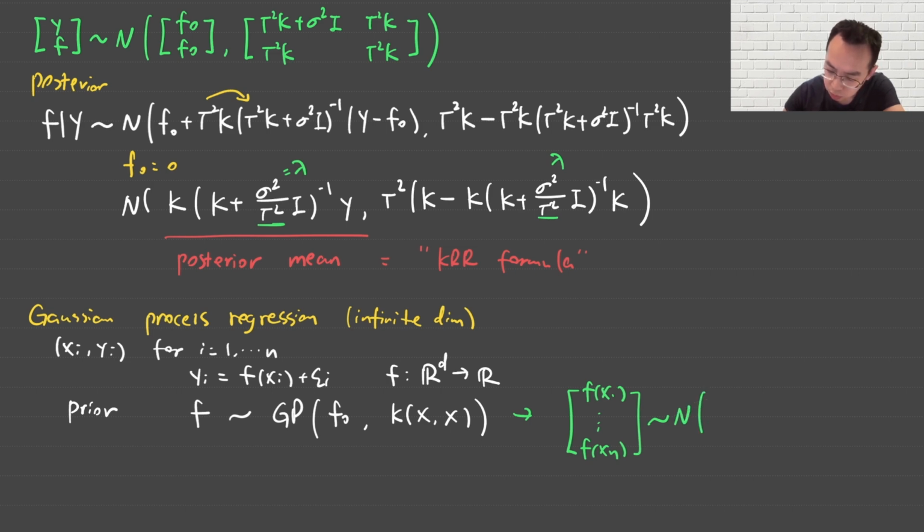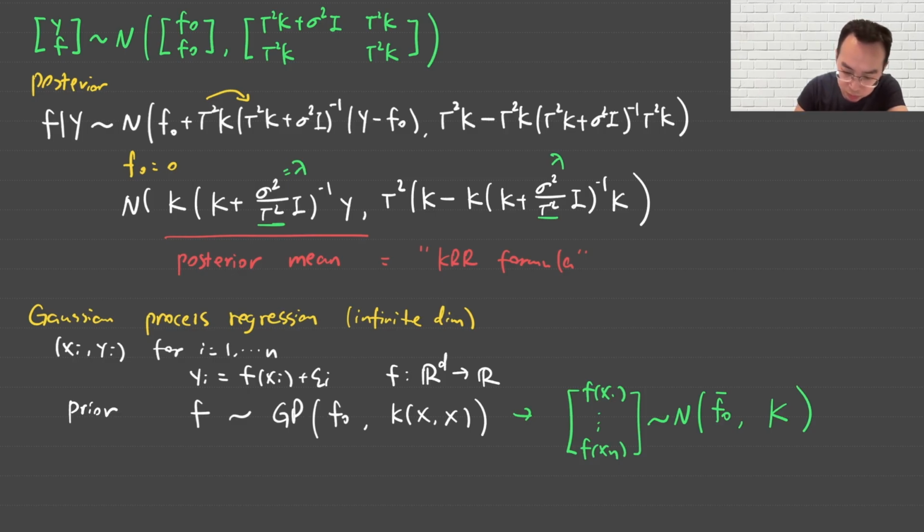So it will just reduce to f0, and this is now a finite vector, so let me write a bar on top of it, and then our matrix K. Everything reduces to a multivariate Gaussian when we add the evaluation points for this function f. So that's a nice way to think about the Gaussian process.